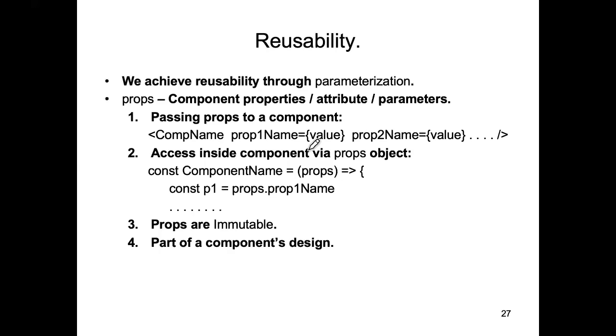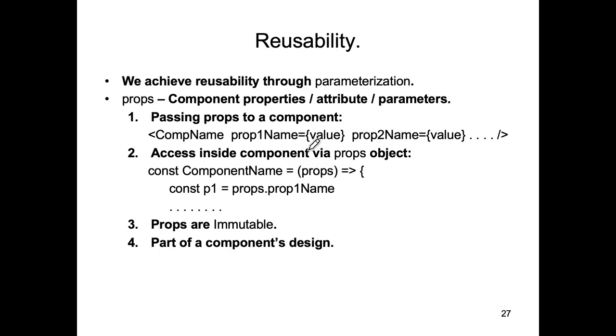We'd like them to be, and another way of saying that is we'd like our component to be reusable. In other words, we'd like to parameterize a component. And the term we use in React is props. Props, I guess, is short for properties. So we'd like to be able to pass properties or parameters into a component from the outside.